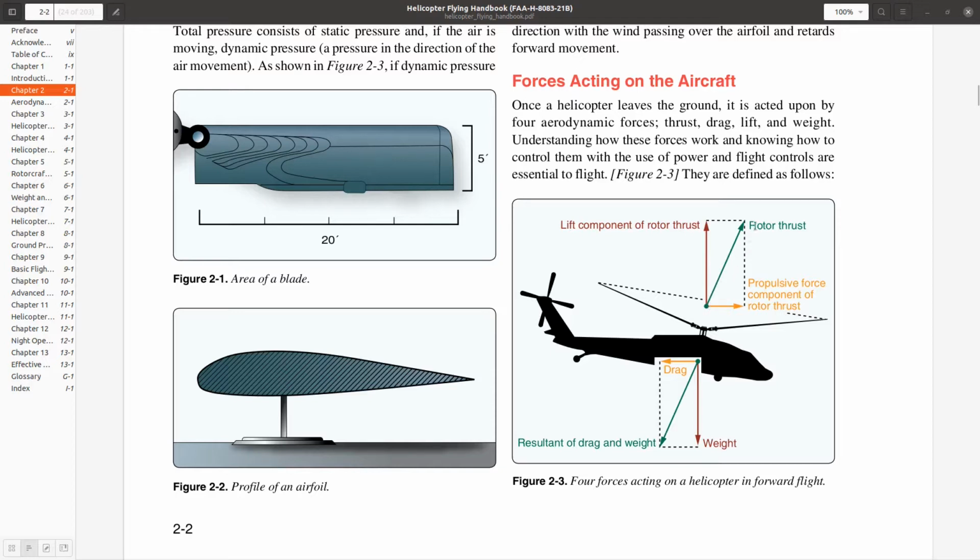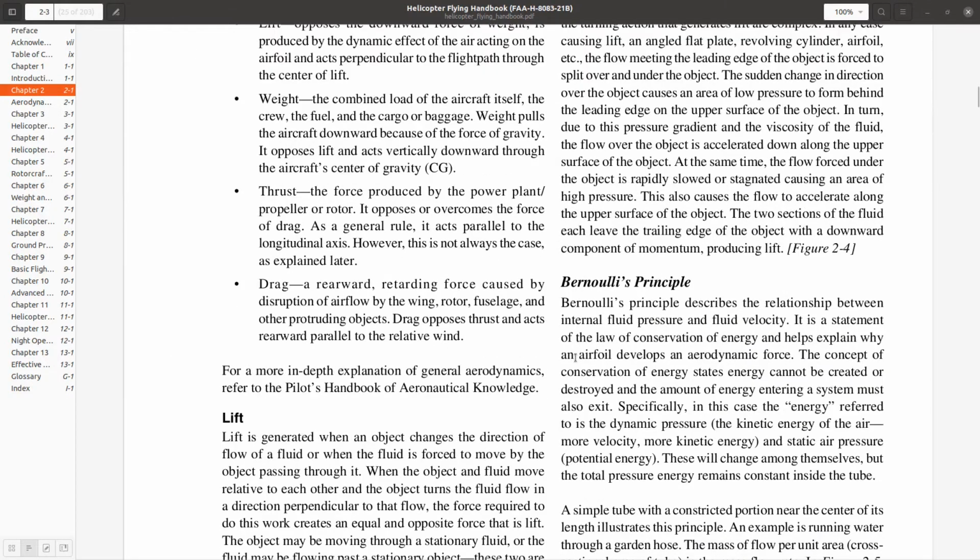So the thrust is tilted forward, but you can resolve that force into two components. There's the part that's opposing the weight, which is here, and then there's the part that is propelling you forward, and that is the thrust that goes this way. And that is opposed by the drag of the helicopter that goes the other way. So helicopter, airplane still have the same fundamental four forces acting on them.